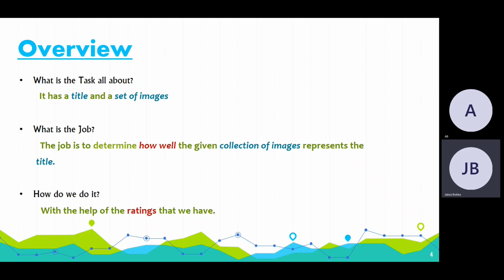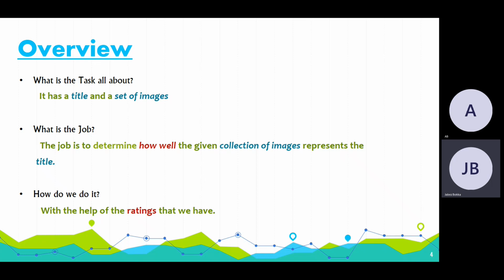So coming to the overview, what is the task all about? Within this particular task, we have a title and a set of images. Our job is to determine how well the given title is related to the set of images.